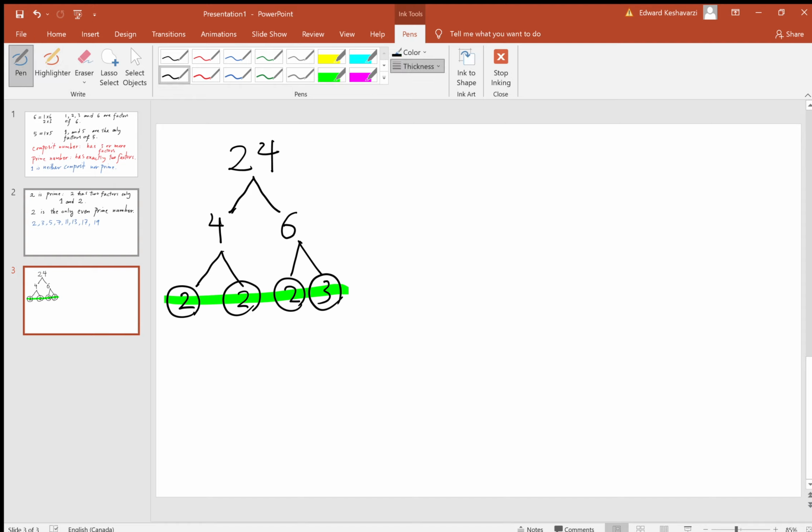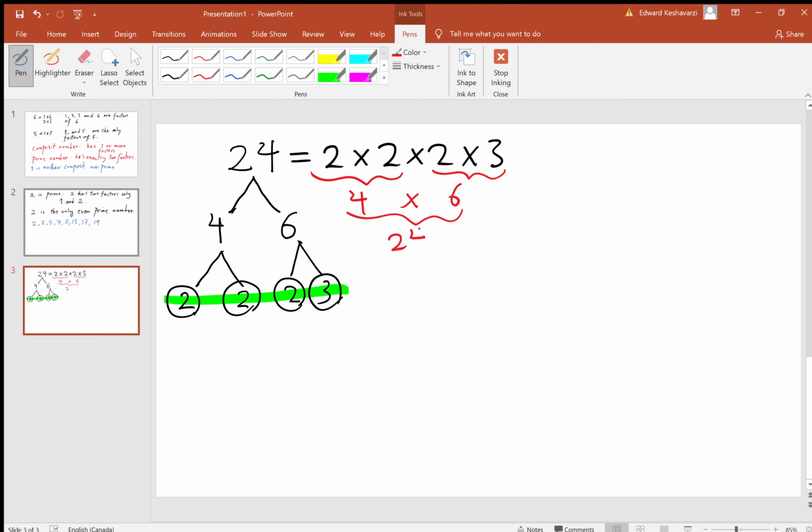So 24 can be written as 2 times 2 times 2 times 3. If you doubt, you can multiply these numbers to see if we get 24 or not. I'm going to do it quickly. 2 times 2 is 4. 2 times 3 is 6, and obviously 4 times 6 is 24. It means we are correct.